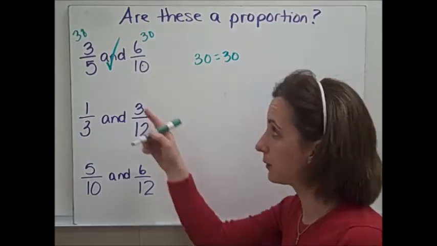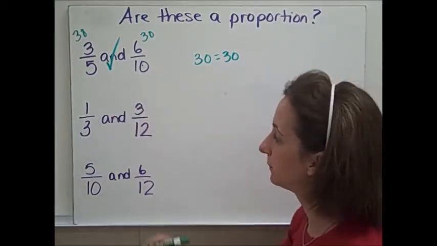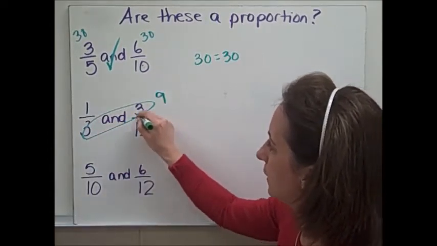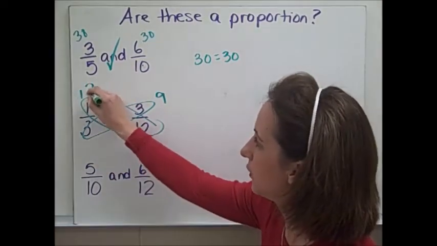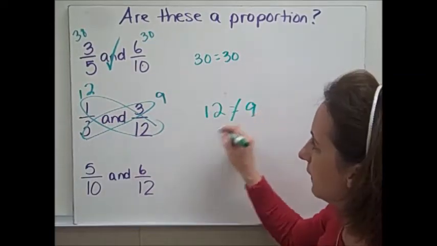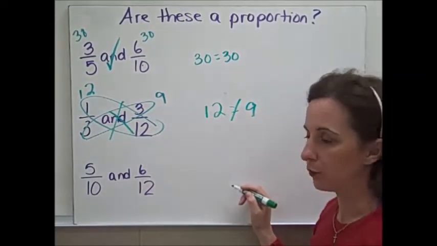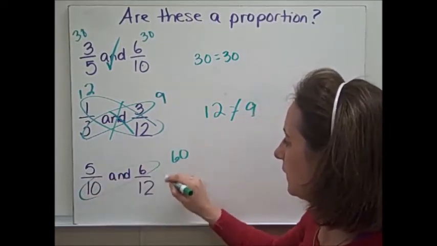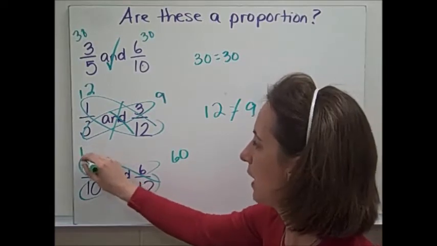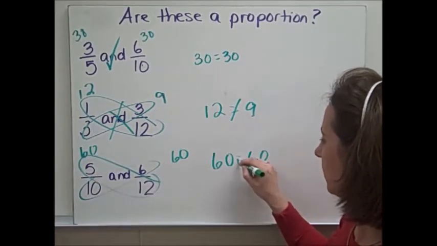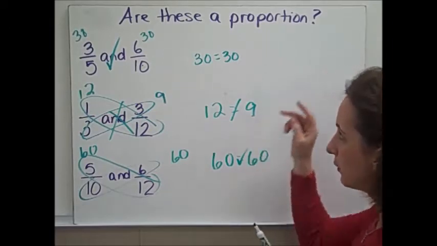All 3 ways that is a proportion. 3 and 3 is 9, 12 and 1 is 12. Because 12 does not equal 9, these are not a proportion. 10 and 6 is 60, 5 and 12 is 60, and because 60 equals 60, we do indeed have a proportion.